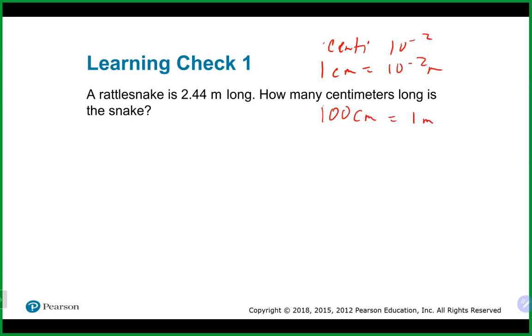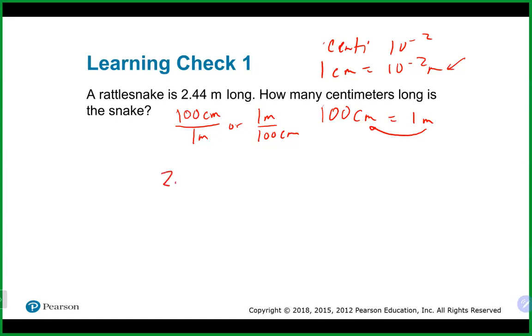You could use either one, and they should give you the same answer. In this case, we have a direct conversion from meters to centimeters. We could use 100 centimeters over 1 meter, or 1 meter over 100 centimeters, or conversion factors if you like instead.